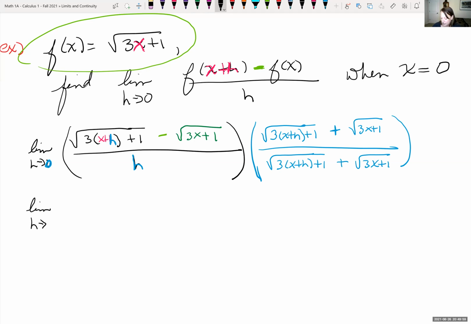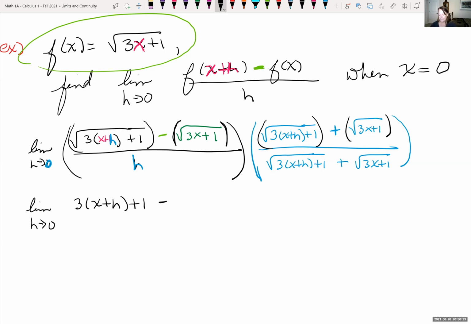Okay, so we're technically multiplying by the conjugate, and we're multiplying by a difference of squares. So we can think of it as just squaring our first term. If we square that first term, it's just going to get rid of that radical, leaving you with 3 parentheses x plus h plus 1, minus, if we square our second term, you've got to be a little bit careful because there's more than one term underneath that radical.